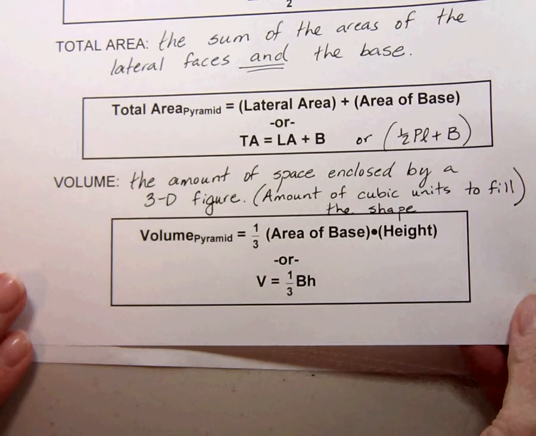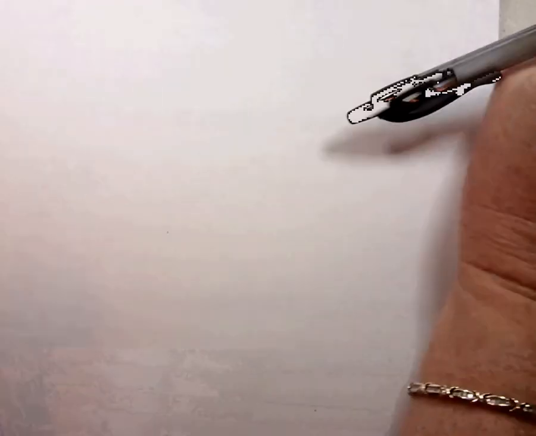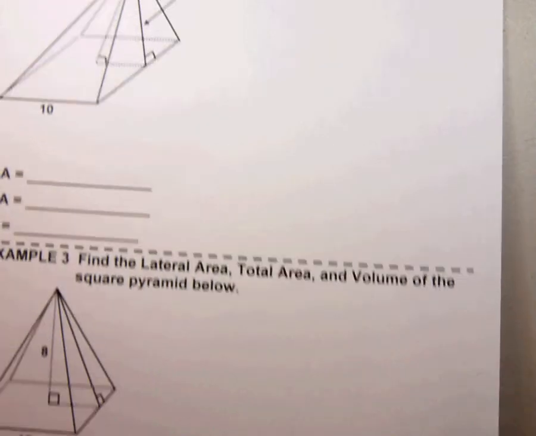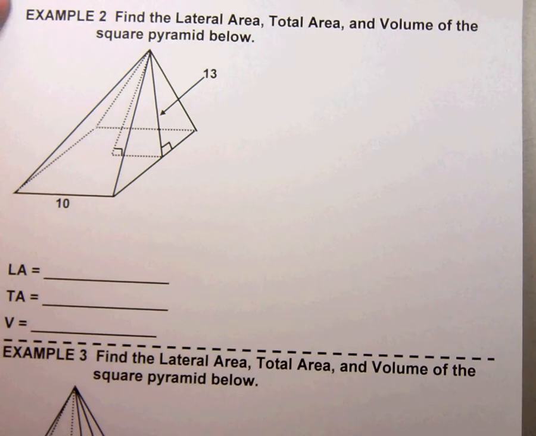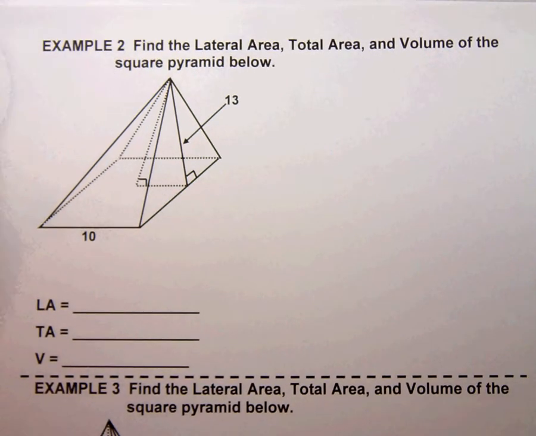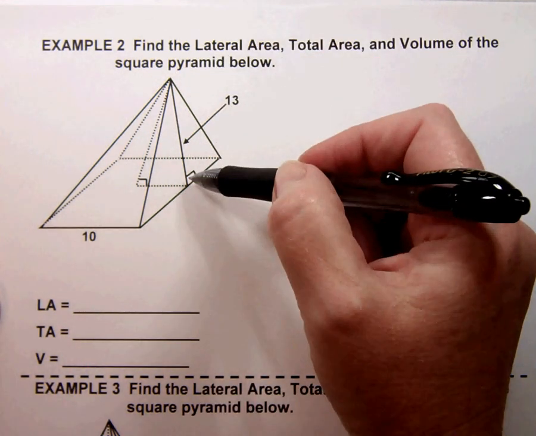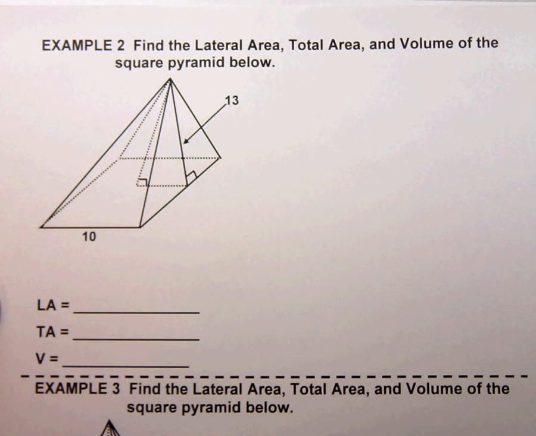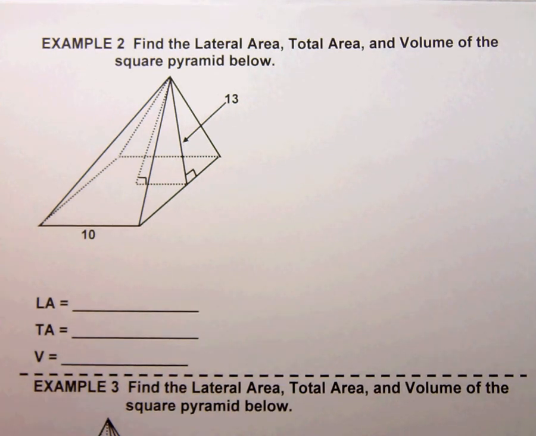Okay, let's go to example 2. It's important to remember that it's a square pyramid, so when they only label a part of it or a piece of it, and then on this one, when you're pointing to the slant height, I think we just did that one. Oh, okay, we did.